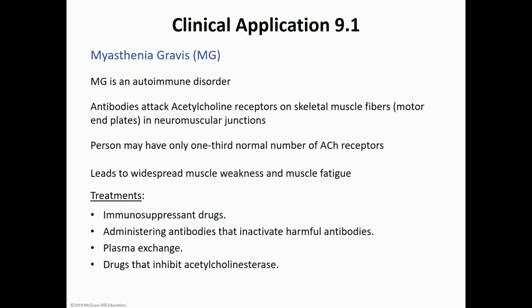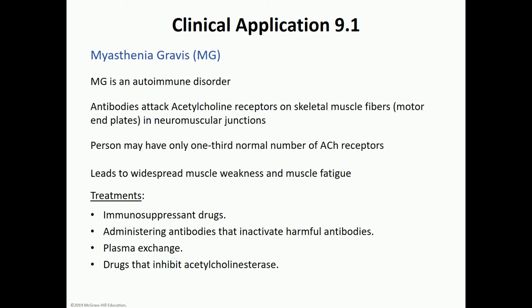And our last option in this case would be to give a drug that inhibits acetylcholine esterase. Hopefully you realize that "ase" means that this is an enzyme. The whole thought behind this is that acetylcholine is broken down by an enzyme known as acetylcholine esterase.